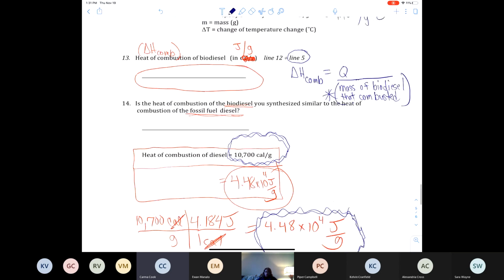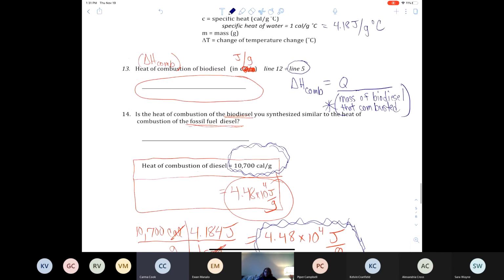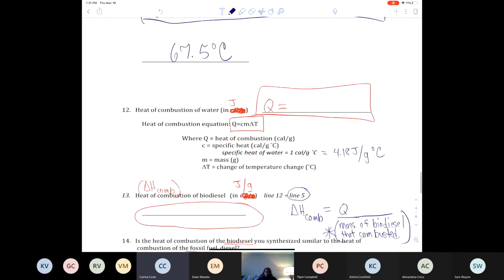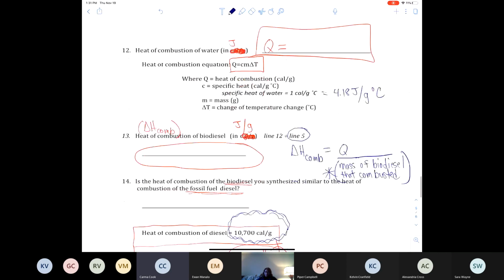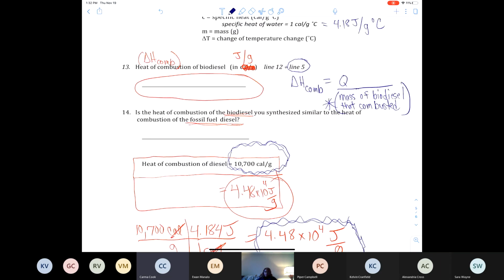We've been working more with joules as far as an energy unit in the lecture. So I would take either answer, your Q in calories or your Q in joules, your delta H of combustion in calories per gram or joules per gram.